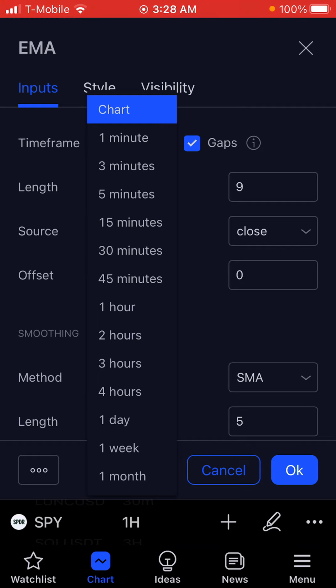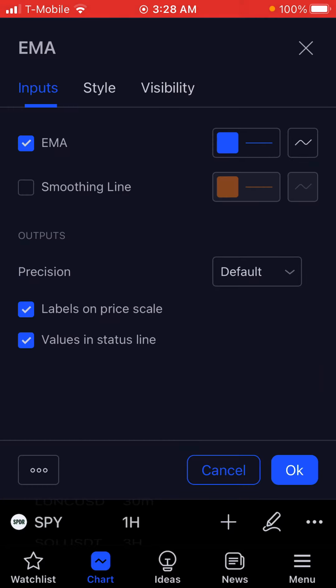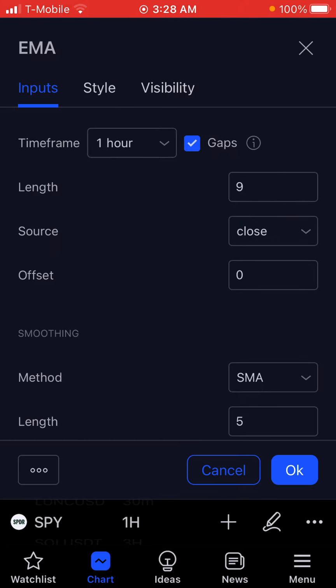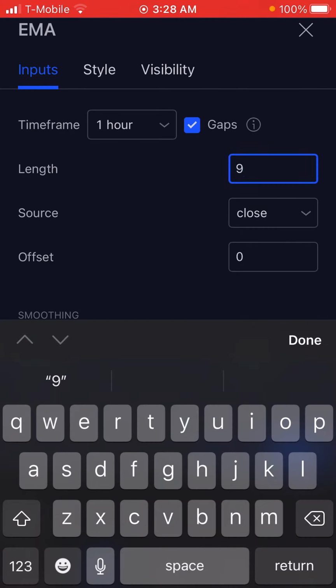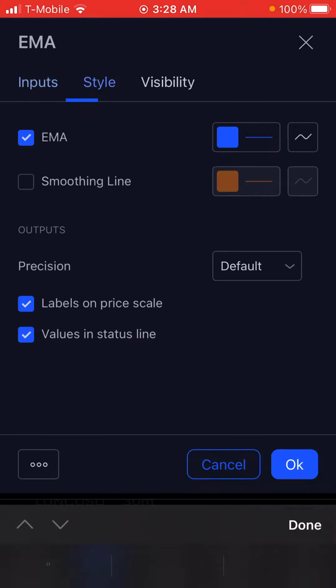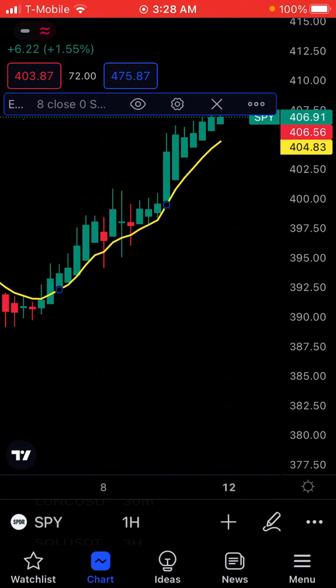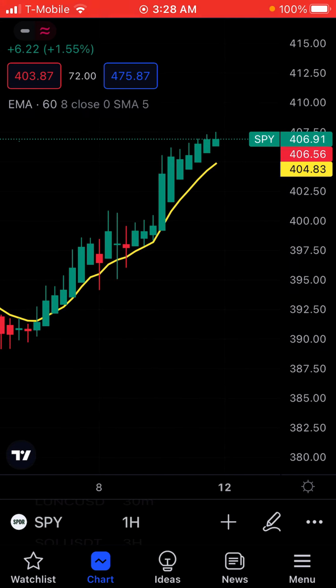Since I'm doing hour, we'll do hour. Go to input, and I changed the length to 8. Then get a color that stands out. That's your 8, your moving average exponential. That's the first one you need.